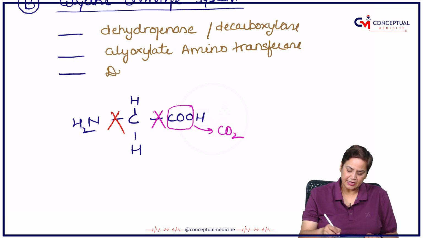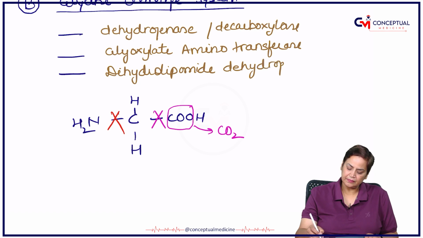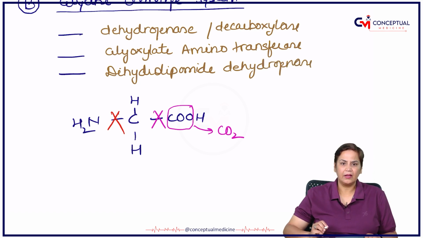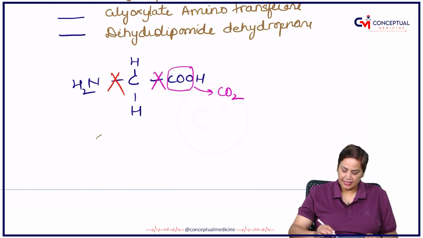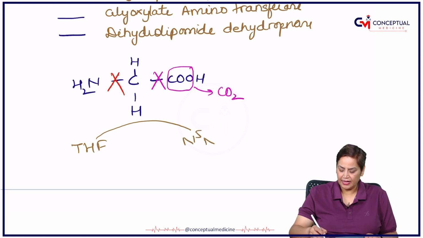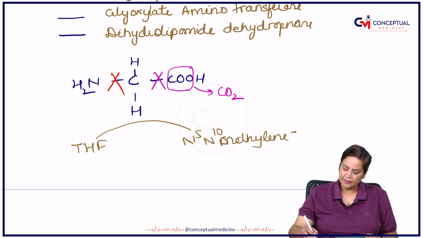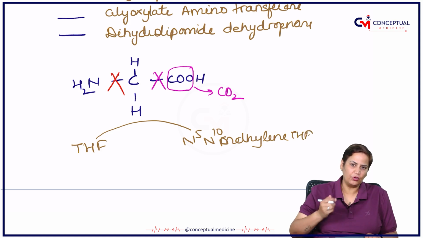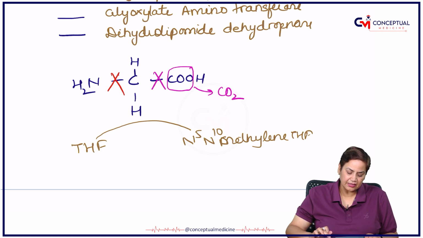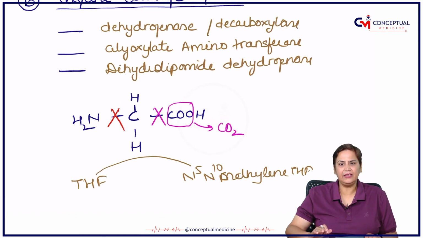Right, and third is dihydrolipoamide dehydrogenase. And we can simply say that there will be conversion of THF to N5,N10 methylene THF, or I'll just write methylene THF, so everything can go out, right? So this is, you can say, the glycine cleavage system.